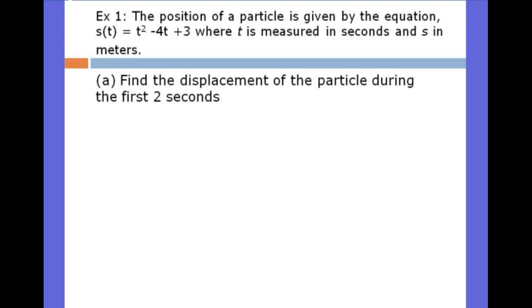So displacement is change in position. So we want to find S of 2 minus S of 0. It says to find the displacement after 2 seconds, so we are finding the change in position after 2 seconds. So you need to know what is S of 2 and what is S of 0.